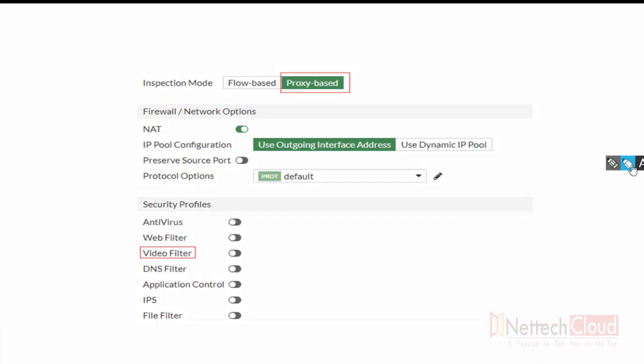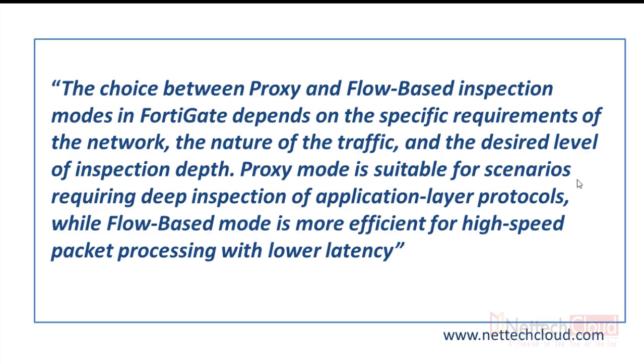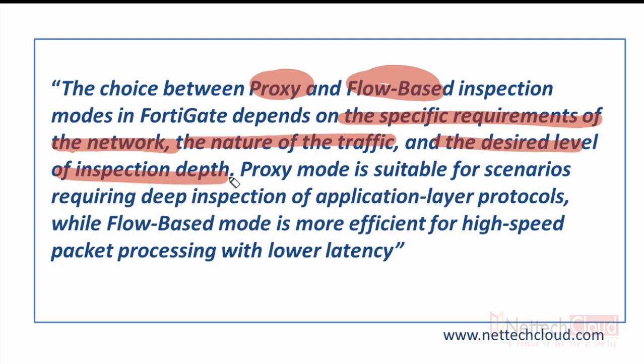And here, on this page, we can easily toggle between flow based and proxy based. So the choice between proxy and flow based depends on the specific requirements of the network, the nature of the traffic, and the desired level of inspection depth. Proxy mode is suitable for scenarios requiring deep inspection of application layer protocols, while flow based mode is more efficient for high speed packet processing with lower latency, right?